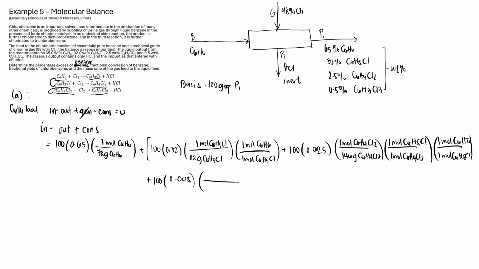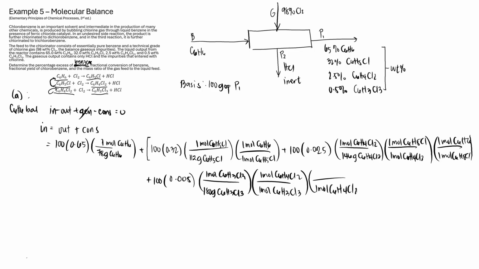Last one. This is for C6H3Cl3. So that's 180 grams. And then we relate it to C6H4Cl2, which in turn we relate to C6H5Cl, which in turn we relate to C6H6.